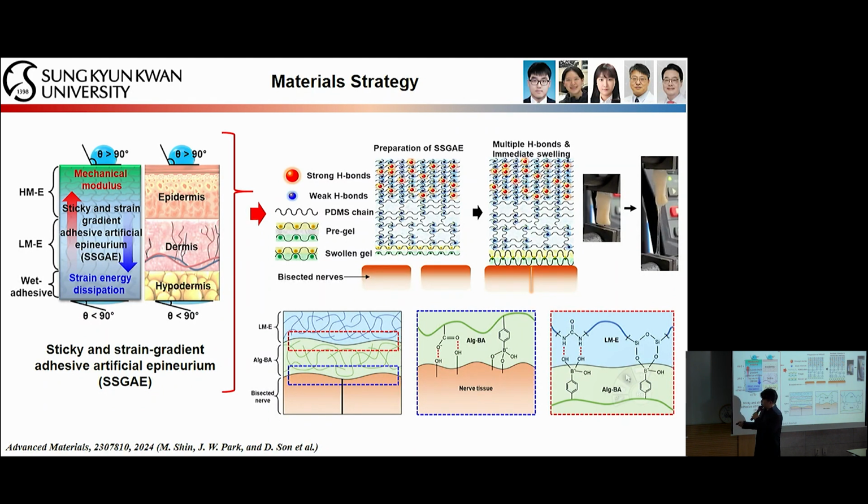And also, taking a look at this elastomer and the hydrogel at this interface, we can find silicon-oxygen and hydrogen bonds, and these synergistic physical and chemical interactions significantly improve the tissue adhesion while satisfying the modulus matching.